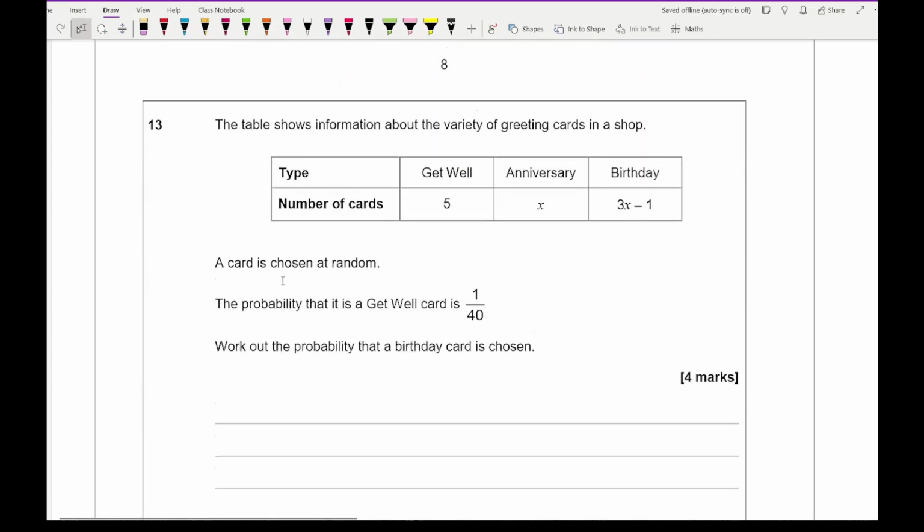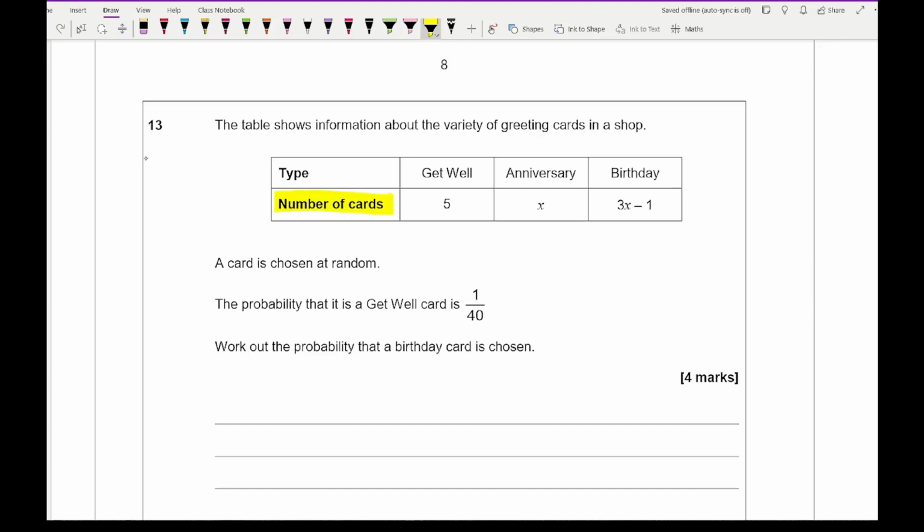Then moving on to question 13, it says the table shows information about the variety of greeting cards in a shop, and it says a card is chosen at random. The probability that it's a get well card is 1 over 40. Work out the probability that a birthday card is chosen. So let's have a look at all the information we know here. So again, we know that these are the number of cards, not the relative frequency. So that's really important that you do spot that. Unlike all the other questions, this is the number of cards rather than the probability.